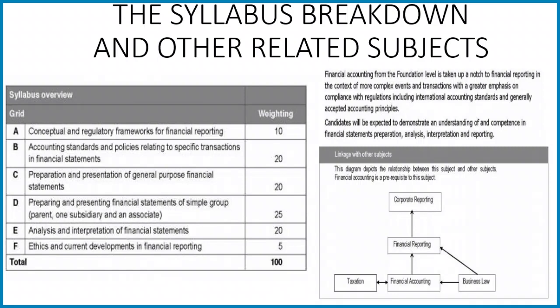Actually, I need to point your attention to something: when it comes to financial reporting, you are graduating from financial accounting, and in financial reporting basically you are to be able to prepare the financial statements, understand them, interpret them, and report them.